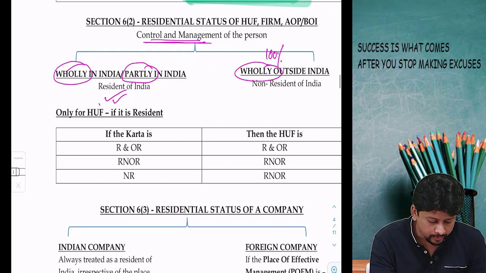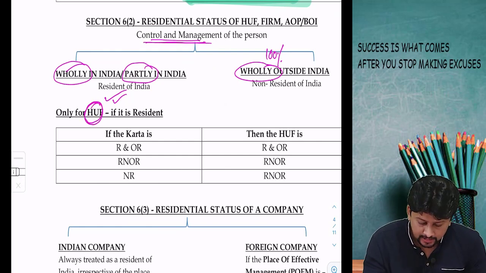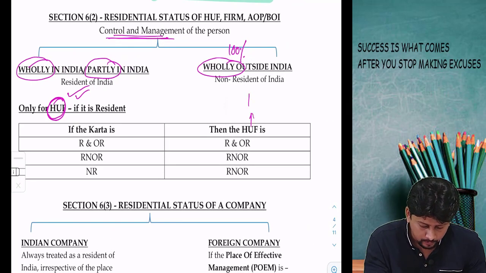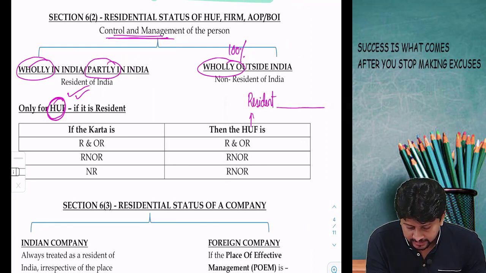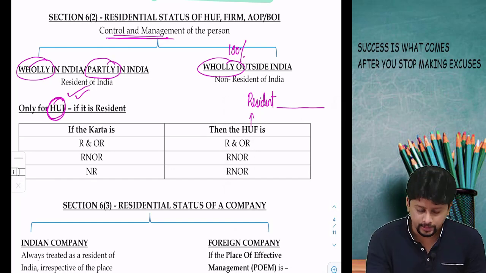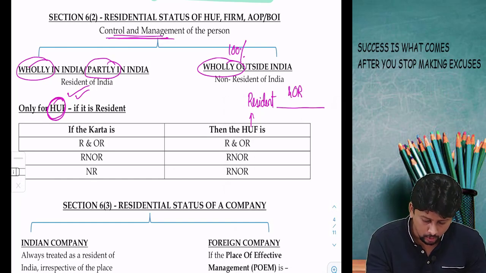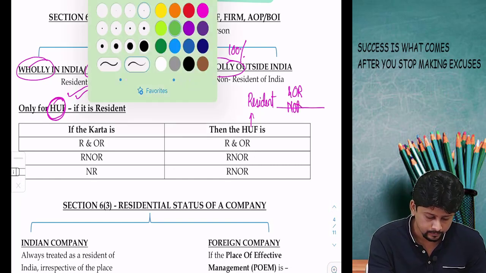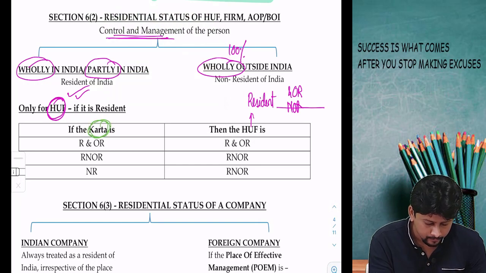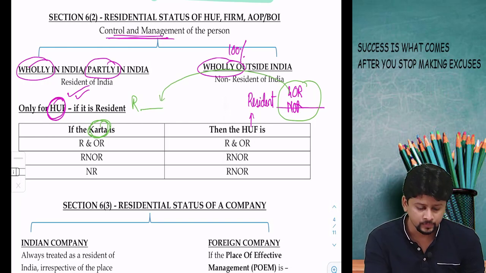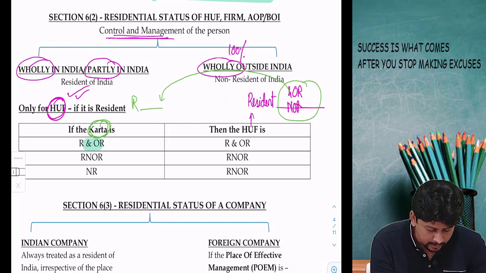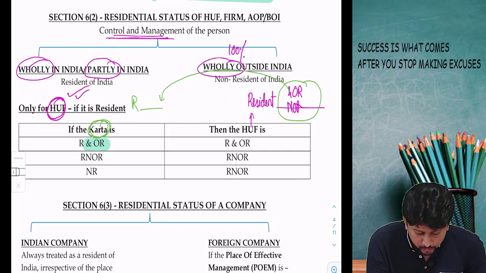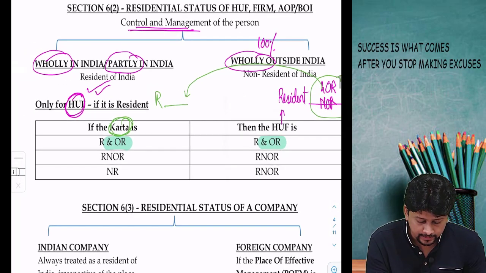If you are a HUF and the HUF is a resident, then for the HUF you have to decide this extra status, ordinarily or not ordinarily. That extra status will depend on the Karta's extra status. If the Karta is ordinarily resident, then the HUF is also treated as ordinarily resident.